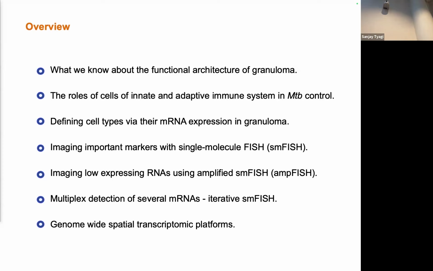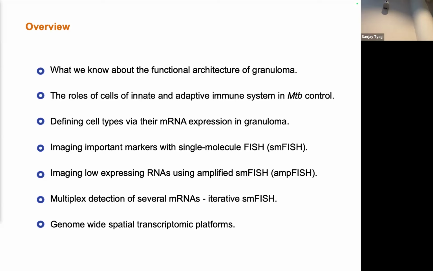We will talk about how mRNA expression can be used to define various cell types in granuloma tissue, and using single molecule FISH. And single molecule FISH is good for typical RNA, but for sparsely expressed RNA, we will use amplified FISH. And then we'll talk about detection of multiple RNAs in the same tissue.